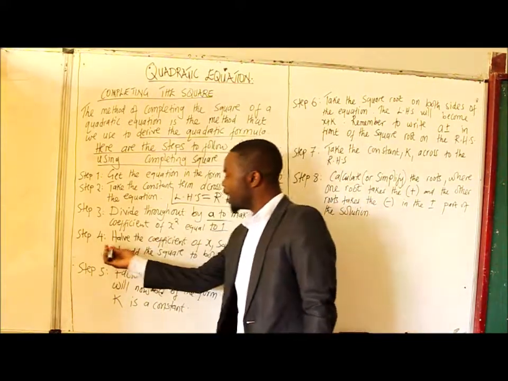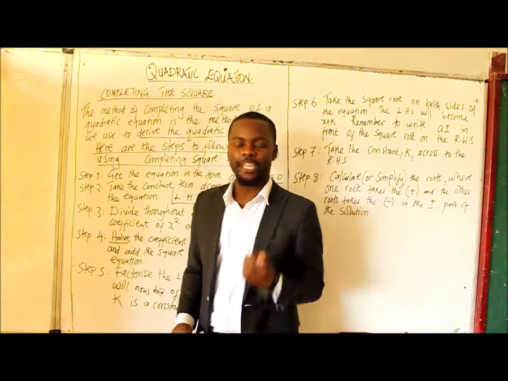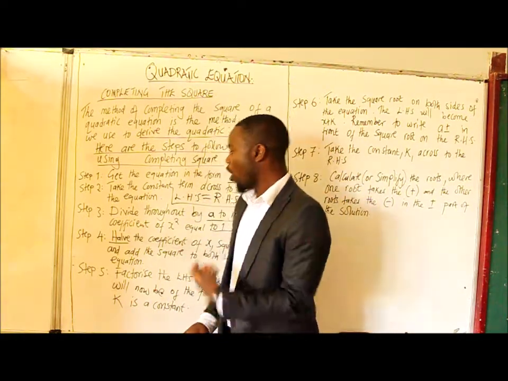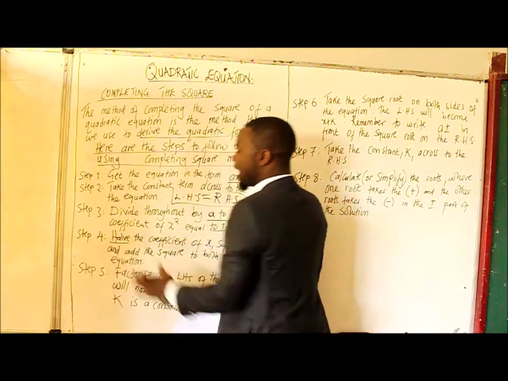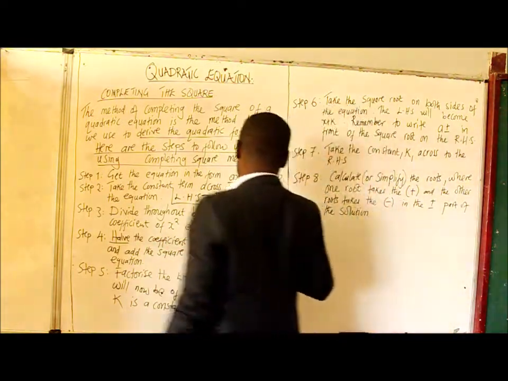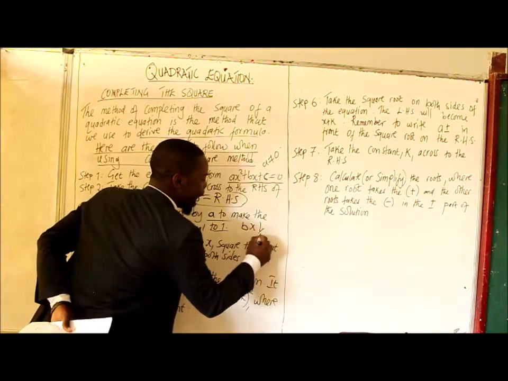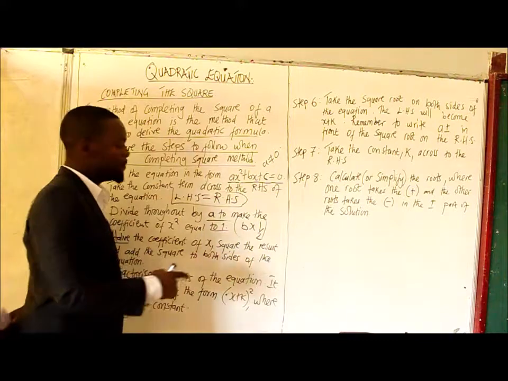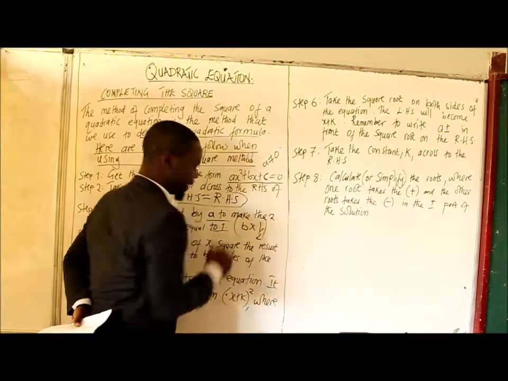So find the half of b, which simply means multiply b times half. When you multiply b times half, you square it.